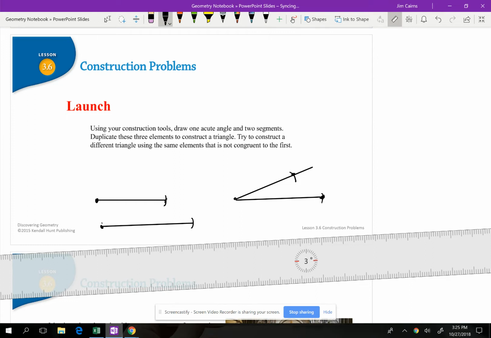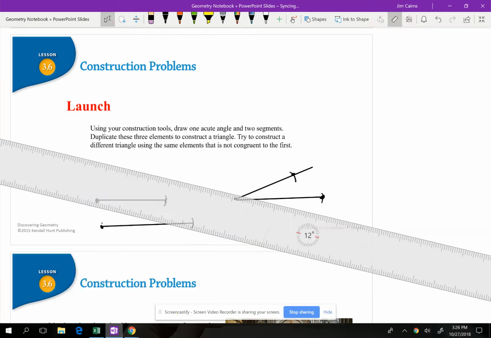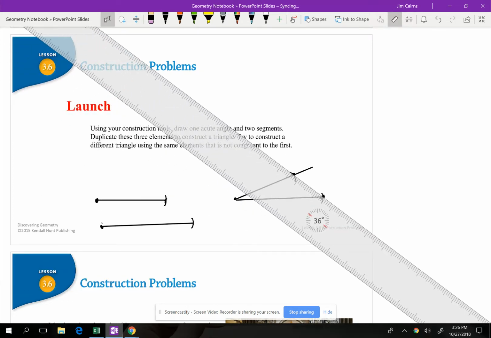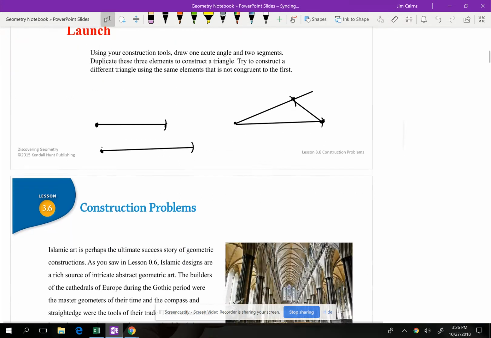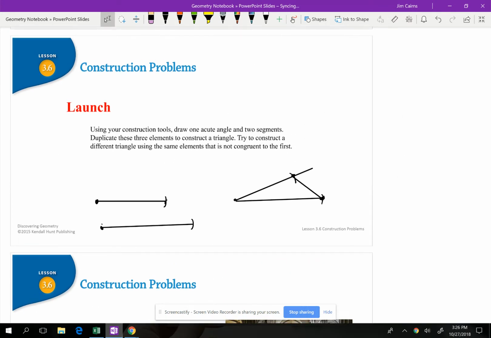And so now you have the same angle, and just go ahead and connect them like that. There we go. Okay, now is it possible to make another triangle that is not congruent to the first? And go ahead and try that.